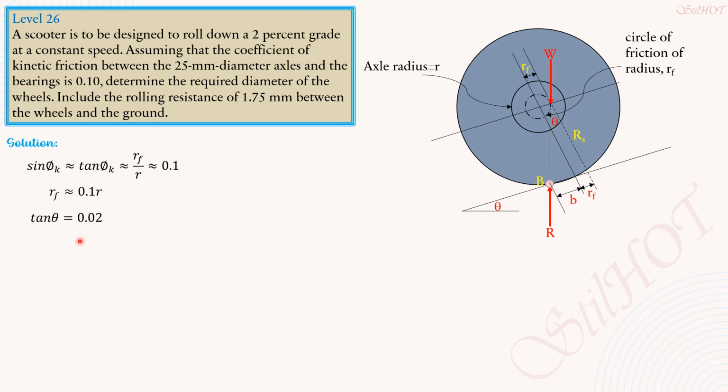Then tangent of theta is 0.02, and it is approximately equal to B plus R sub F over R sub S. Approximate.